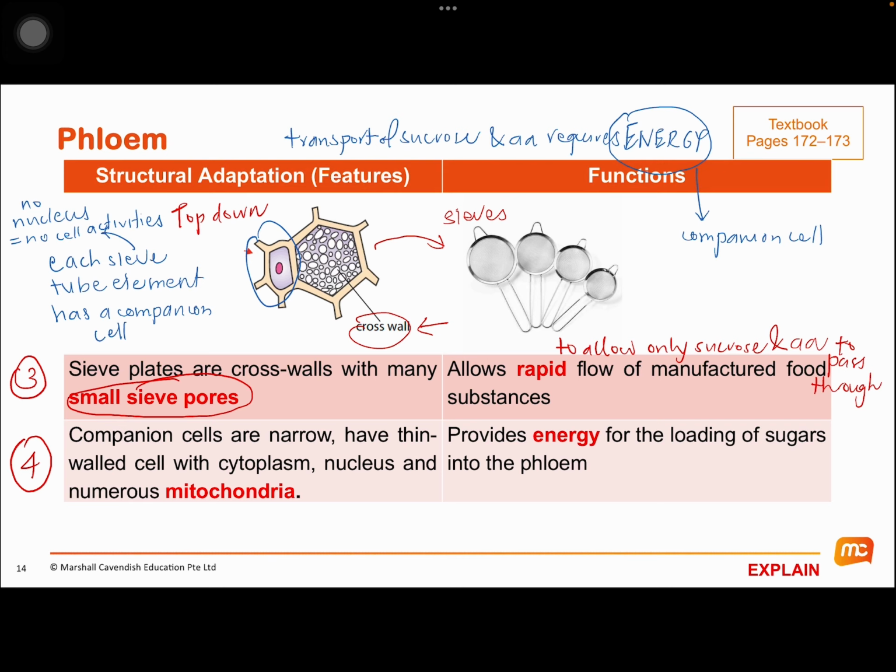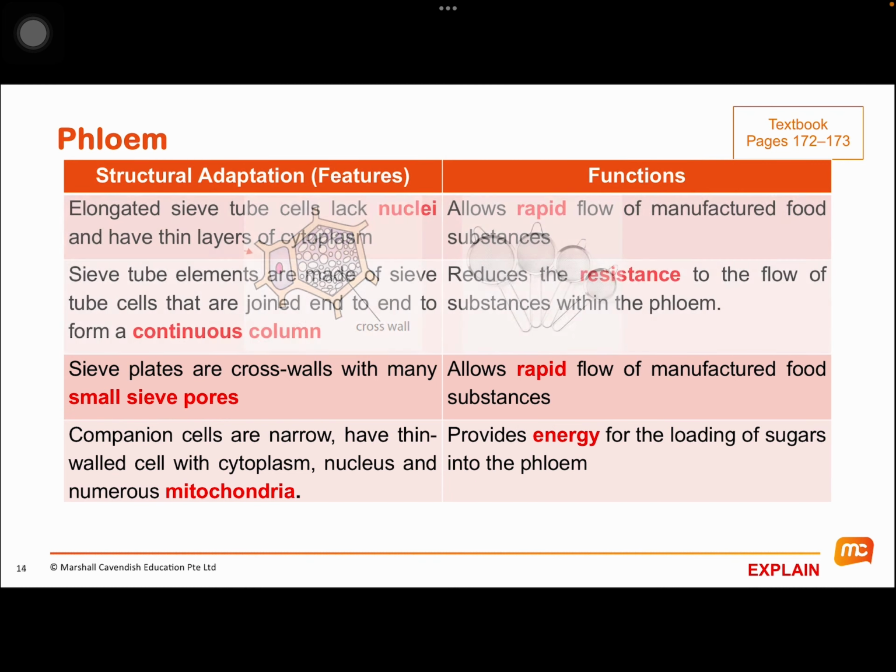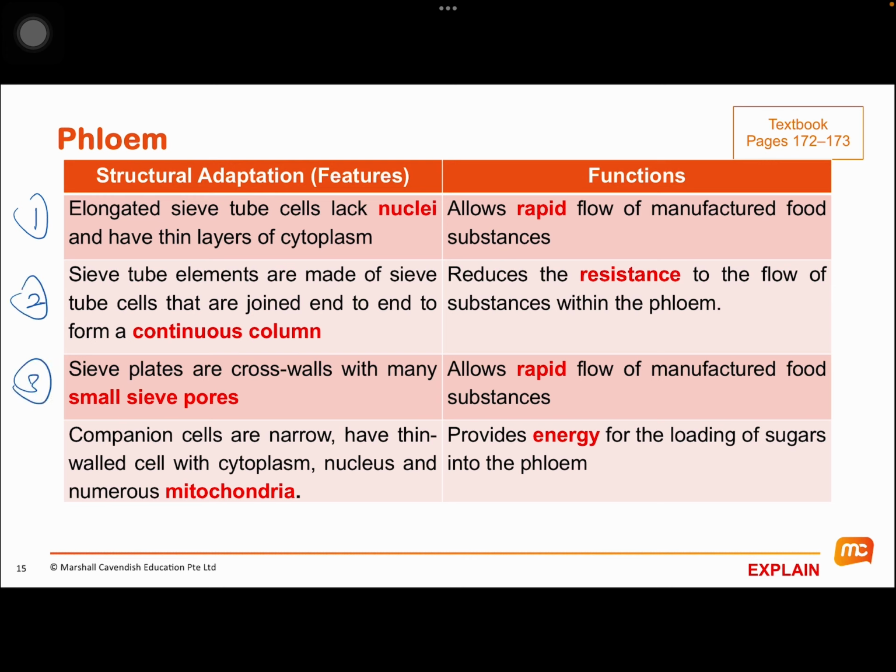The companion cell provides energy for the phloem, the sieve tube elements, to transport sucrose and amino acid. It takes energy to load it into the phloem as well. So energy is needed for the loading. So these are the four features that you need to be familiar with for phloem.